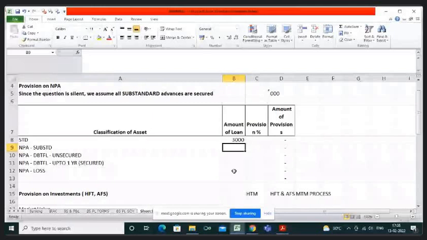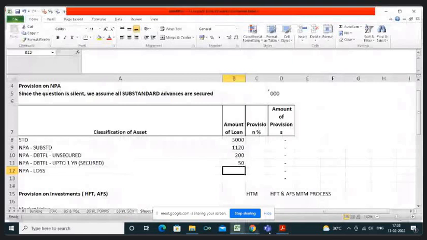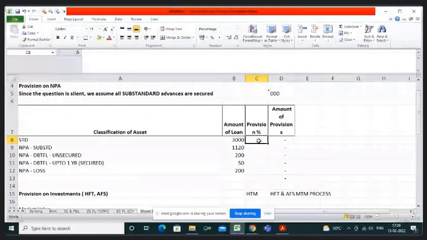NPA doubtful and unsecured is 200. NPA doubtful up to 1 year, it is 50. NPA loss asset, it is 200. So these are the various types of assets I have. This is the classification of assets.